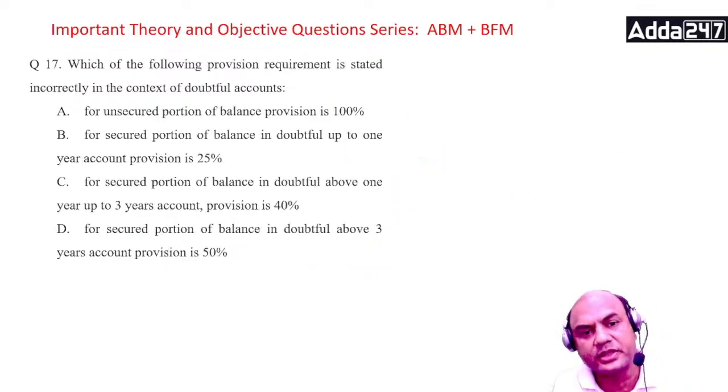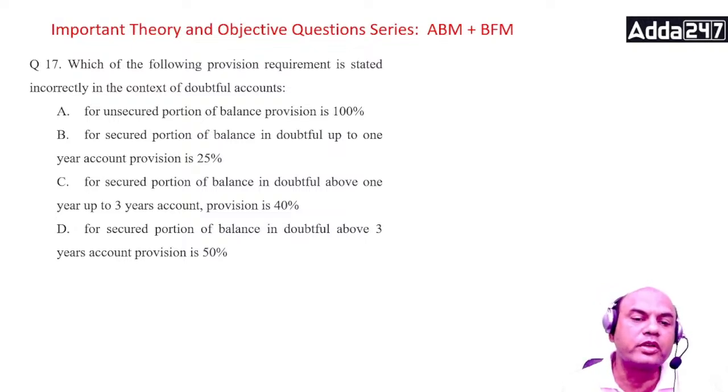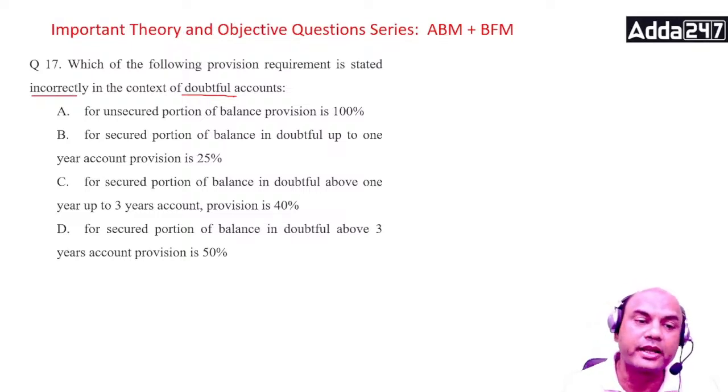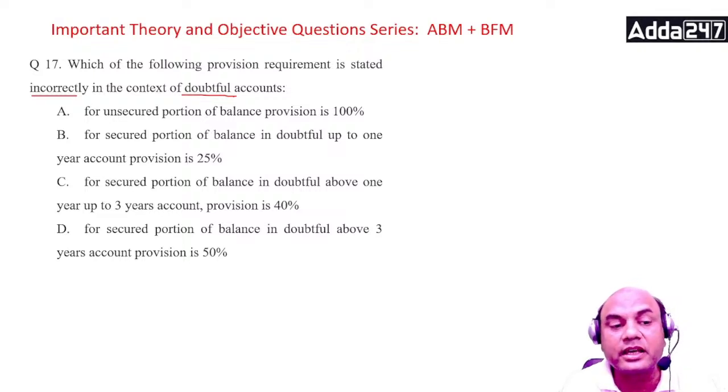Okay. Next one. Which of the following provision requirements is stated incorrectly in context of doubtful accounts? So incorrectly in doubtful. Doubtful means these are NPAs, NPA level number 2, right? Substandard, doubtful 1, doubtful 2, and then loss. So which of the following requirements stated are incorrect?